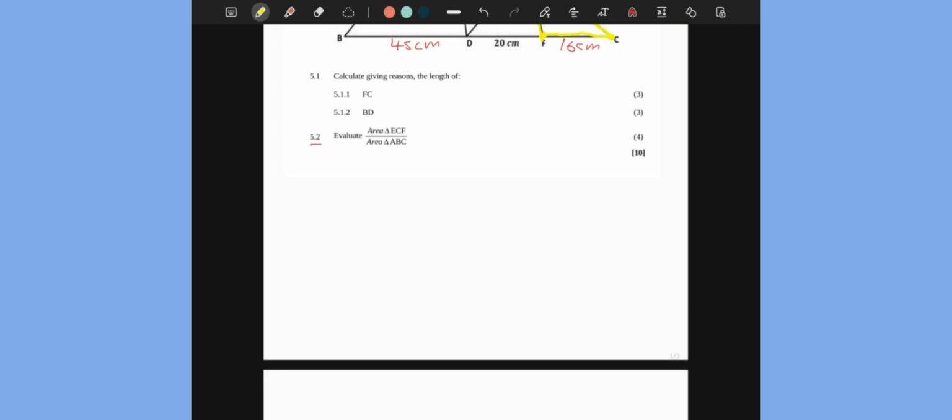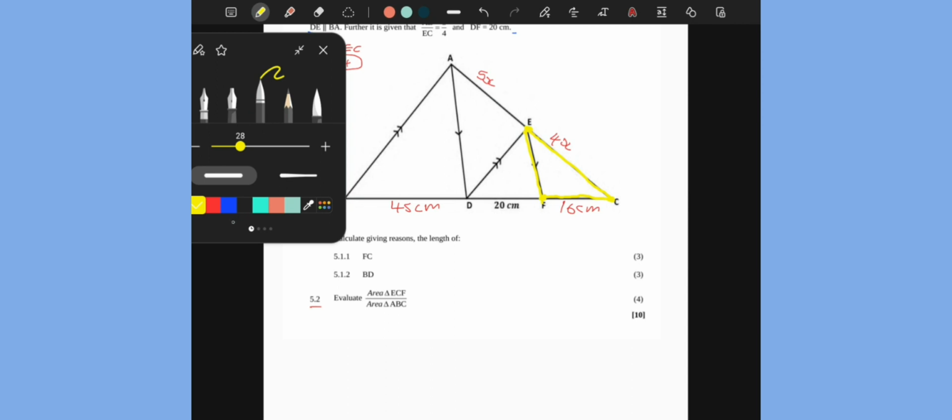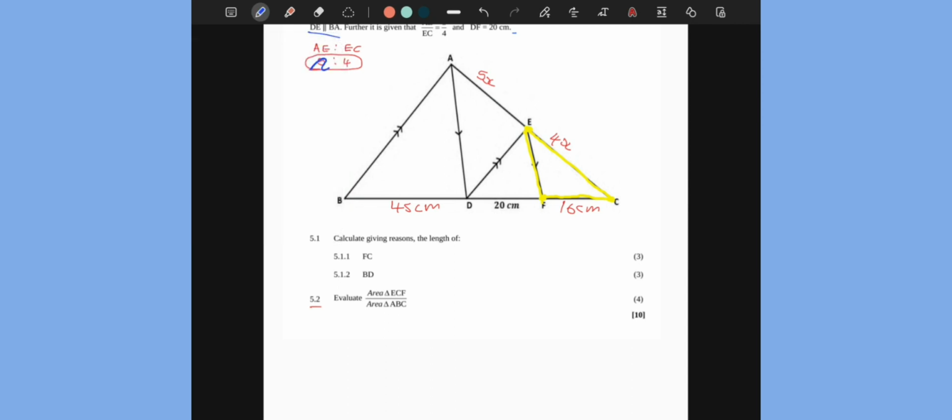Here it is, ECF. ECF divided by ABC. Let me go and check the ABC. Let me use the blue. Oh, it's the larger triangle, which is this one.